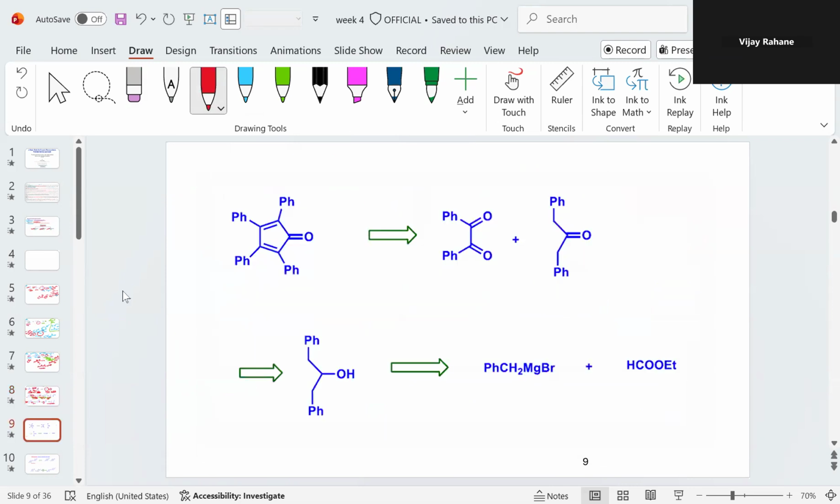Next, some approaches. All right. So here a different type of retrosynthesis is given, and in this example, I will directly show the solution. This is our target molecule.